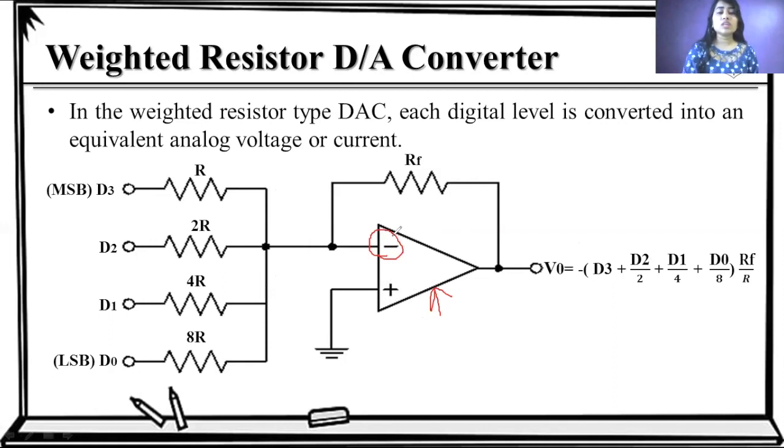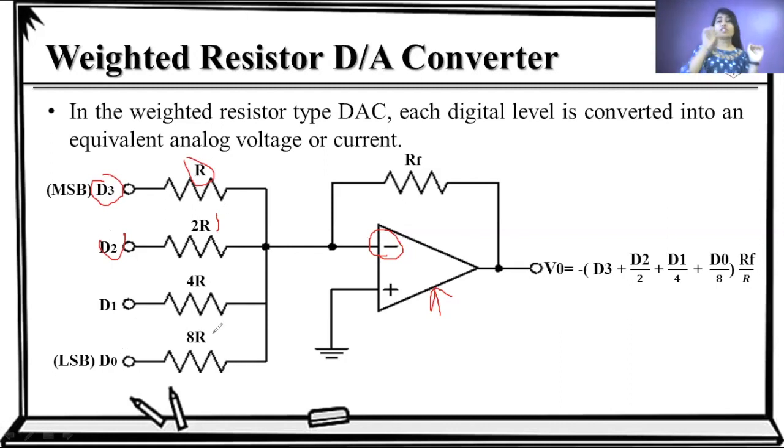Here we have two conditions, inverting and non-inverting. Here we give the input in the inverting configuration, so the gain, or the output, will be inverted. Now here, D3, the MSB, uses R. For D2 we have 2R, for D1 we have 4R, and for D0 we have 8R.